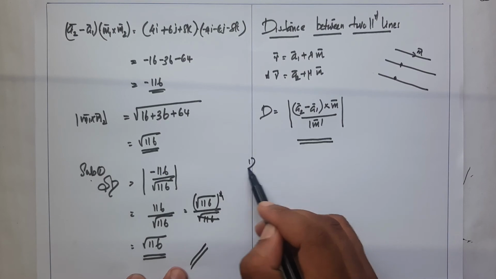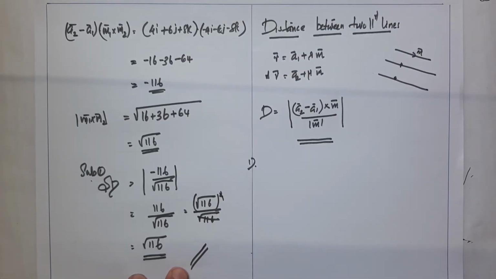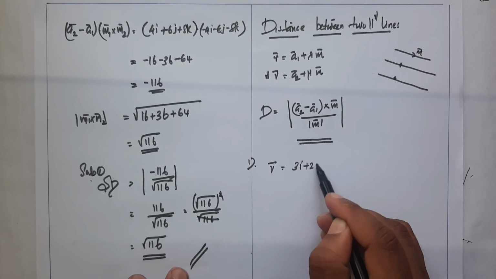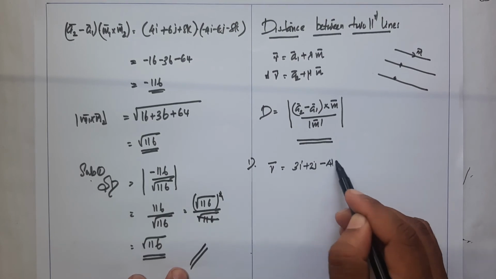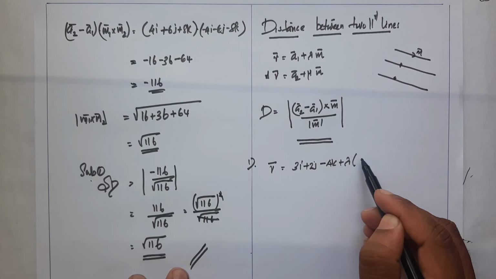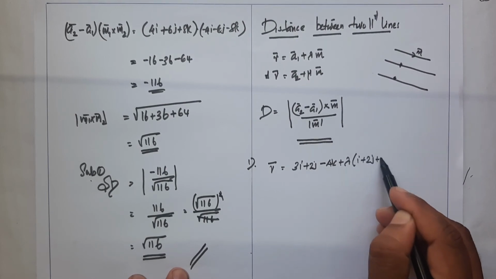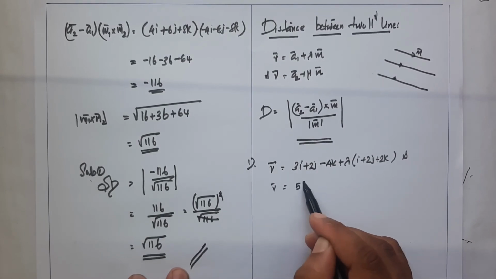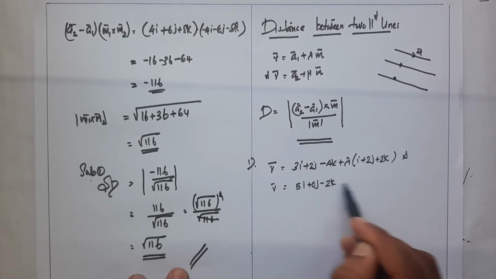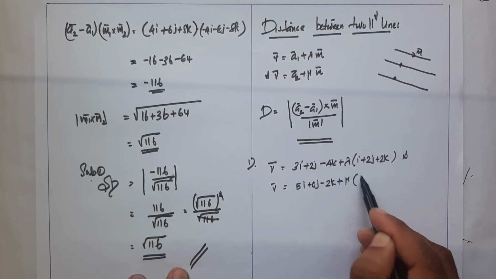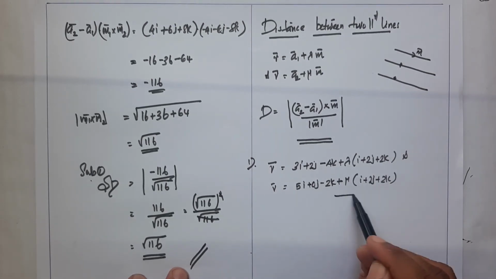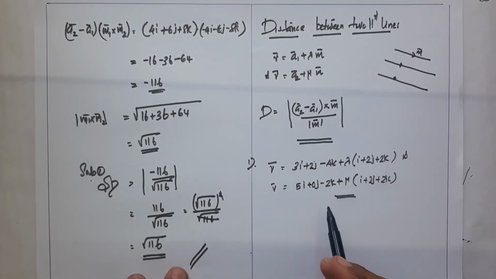Okay, I will do one question based on this formula. Find the distance between the lines: vector r = 3i + 2j − 4k + lambda (i + 2j + 2k), and the second line is vector r = 5i + 0j − 2k + mu (i + 2j + 2k). Clearly these are parallel lines.